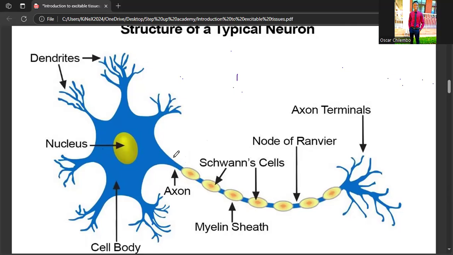There are some theories that the axon hillock is involved in the propagation of action potential. Those are just important points to note as we look at this chapter. This structure will act as our reference in this session.